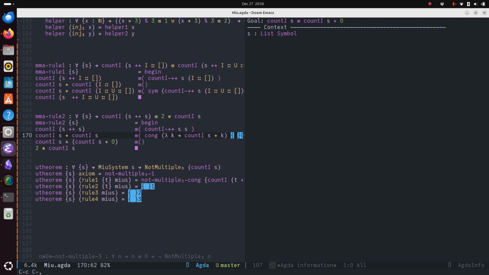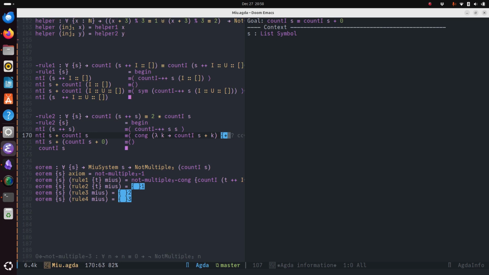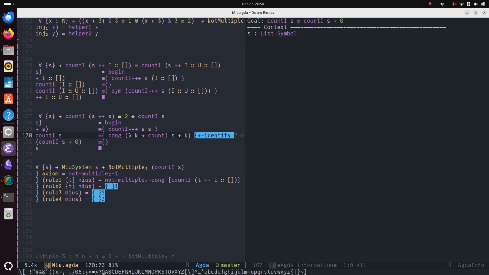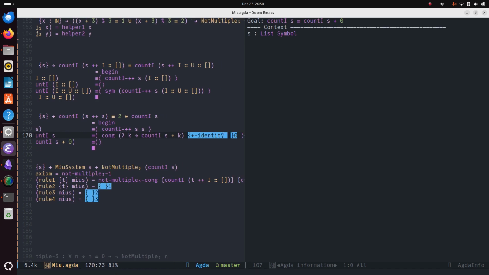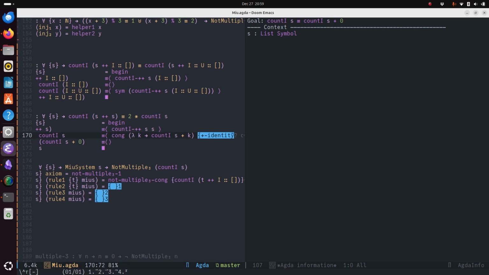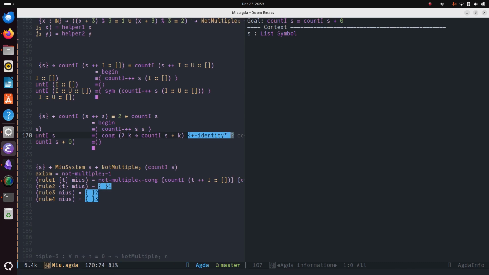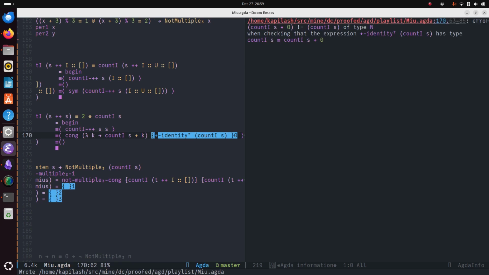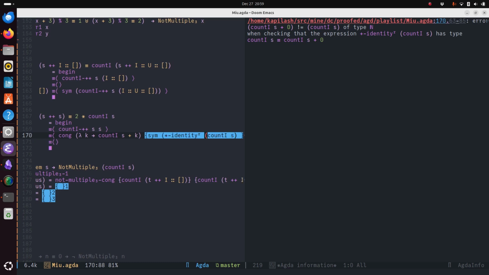There is a plus identity available in the Agda standard library. Of counter of s. Oh right, it should be the symmetric version of it. I think that should solve the problem.